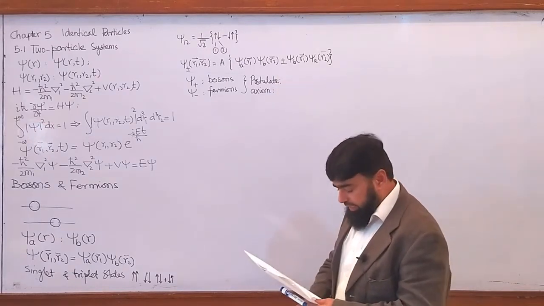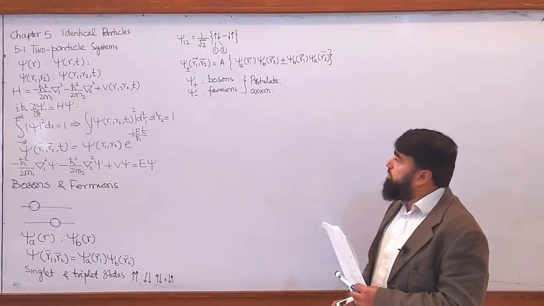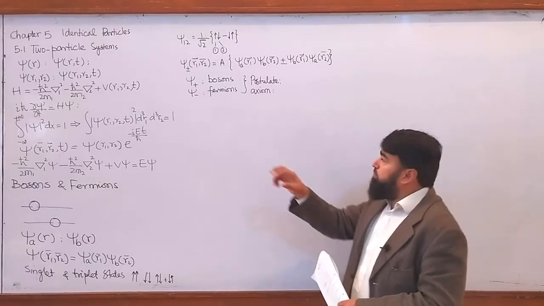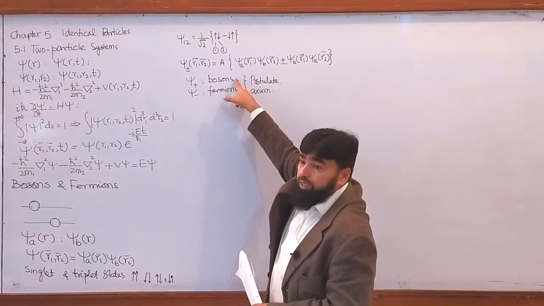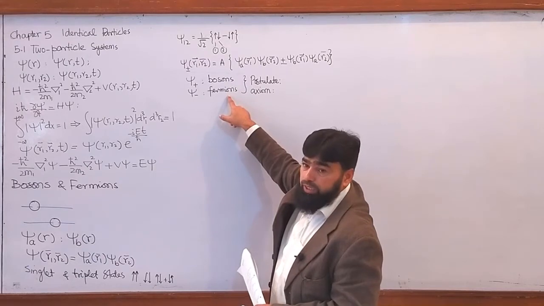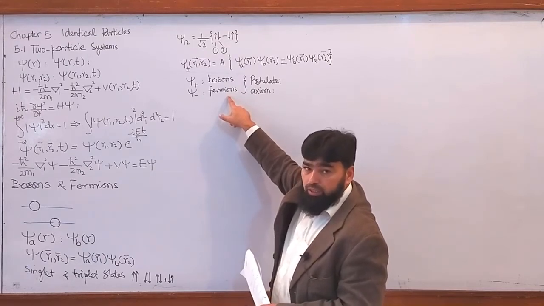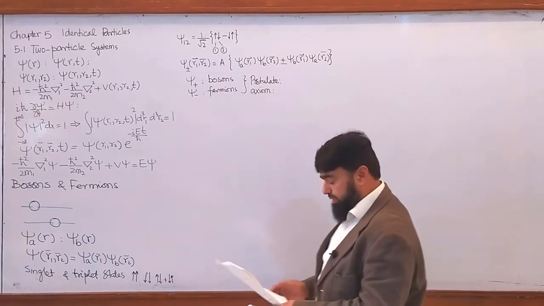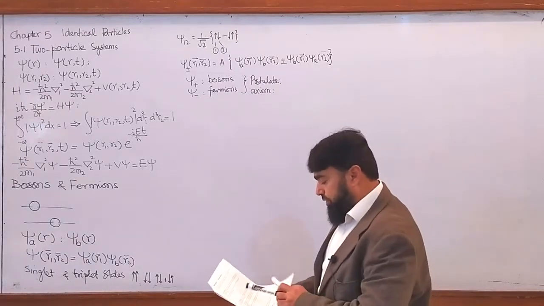Now, you know about bosons and fermions. Bosons have integral spin and fermions have half integral spin. Clear? So the difference between the two is in their spin states.